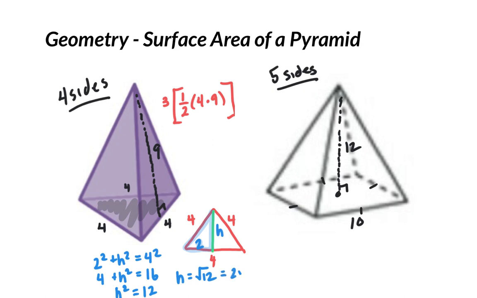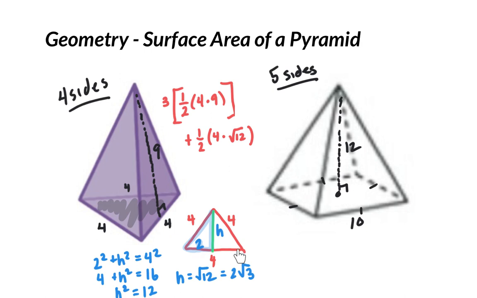Now that's a square root that I could actually reduce to be 2 square root of 3, if you so chose to do that. I'm okay leaving it, because I'm going to end up typing all of this into my calculator. So I already had my 3 vertical sides. Let me then add 1/2 base times my height for that base triangle. And again, you could have reduced that square root of 12.